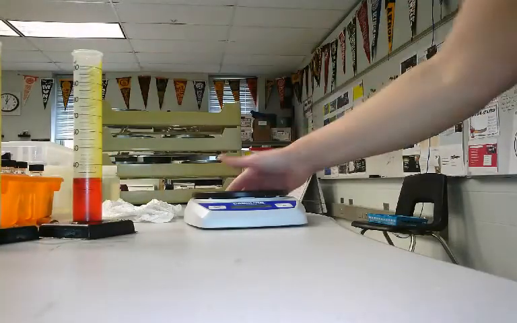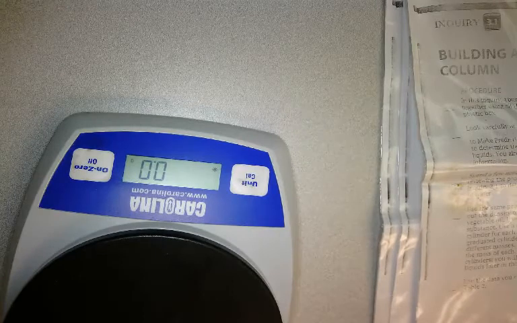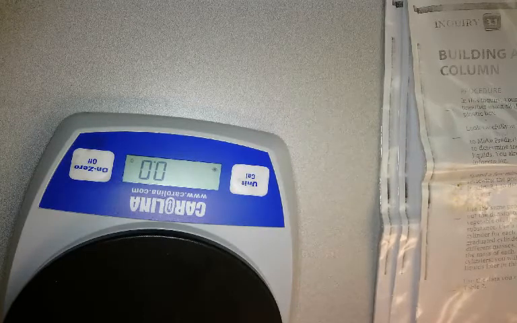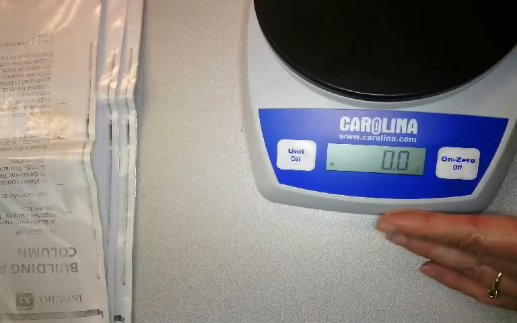Alright, I'm going to adjust my camera a little bit because next we're going to measure the mass of these substances. Adjust this so that you can see that mass.